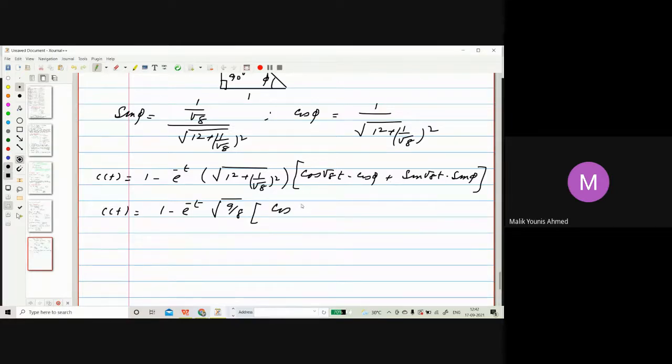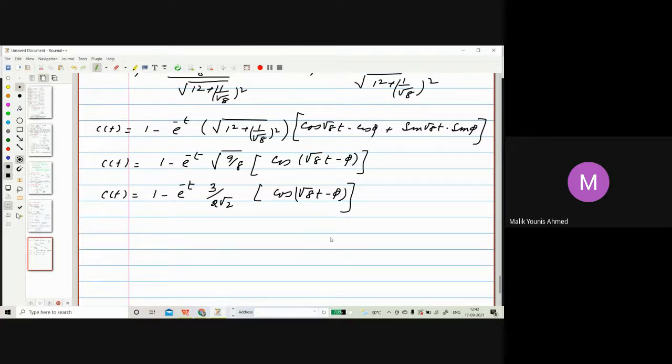Cos of (under root 8t minus phi). Okay, so this further can be simplified as 1 minus e raised to the power minus t. Okay, this will be 3 by under root 8. 8 can be written as 2 under root 2. And here again cos of (under root 8t minus phi).